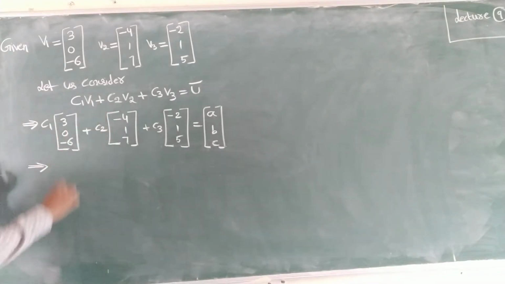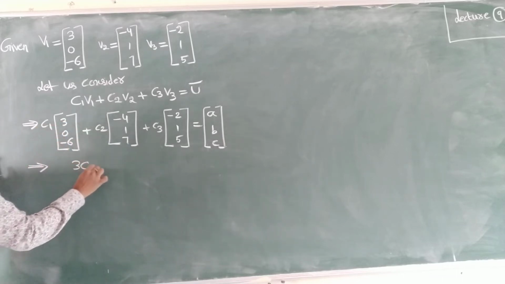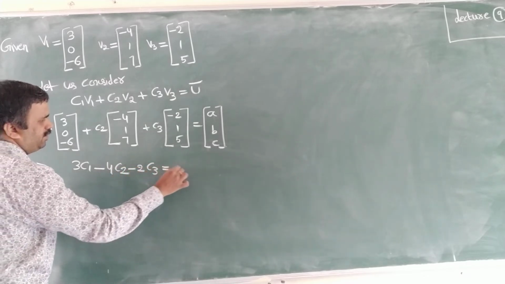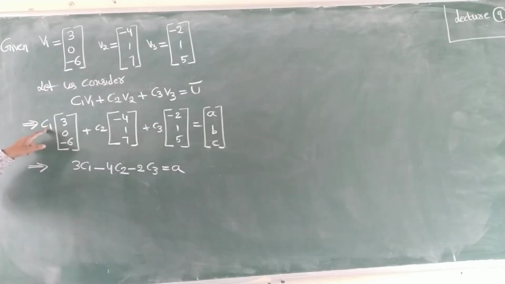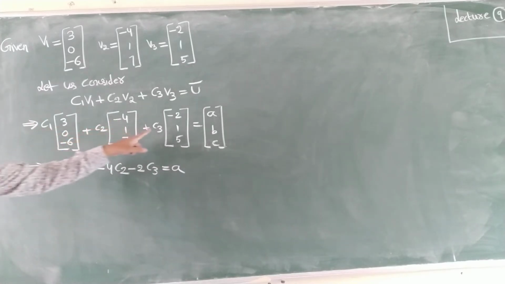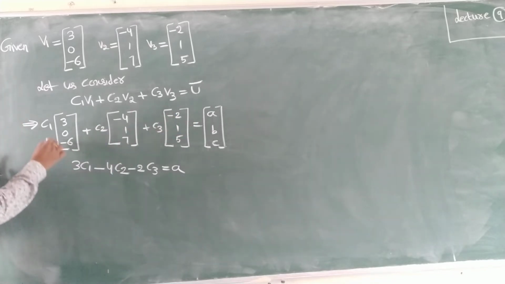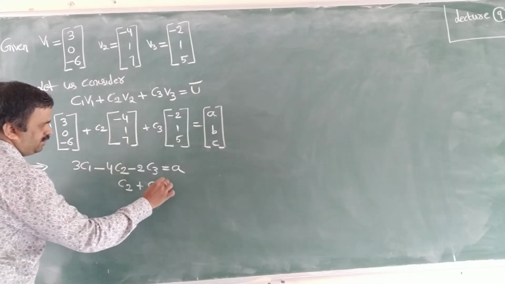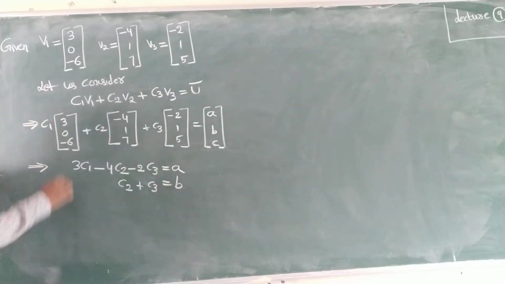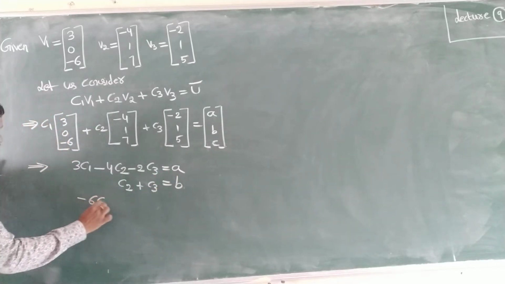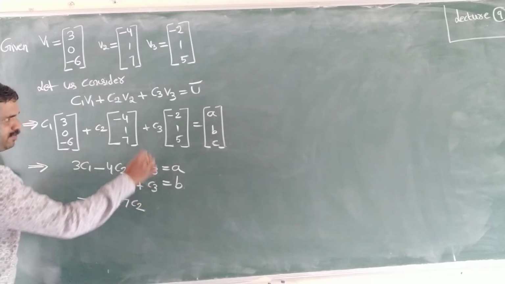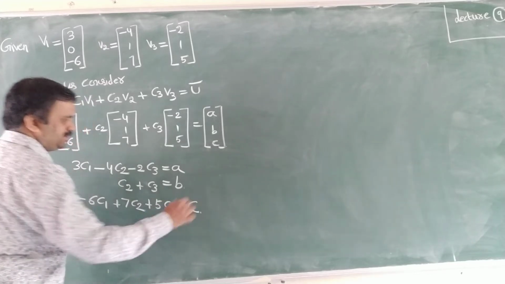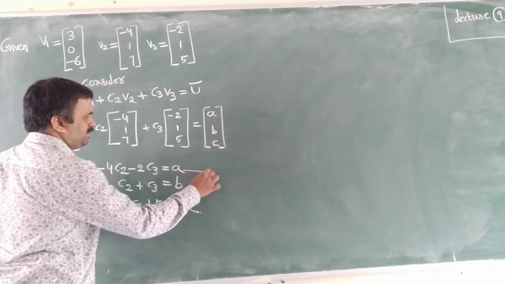From the first equation we have 3C1 minus 4C2 minus 2C3 equal to A. Next, the second one: 0 times C1, 1 times C2, plus C3 equal to B. Next, minus 6C1 plus 7C2 plus 5C3 equal to C. Now we have to solve these three equations.